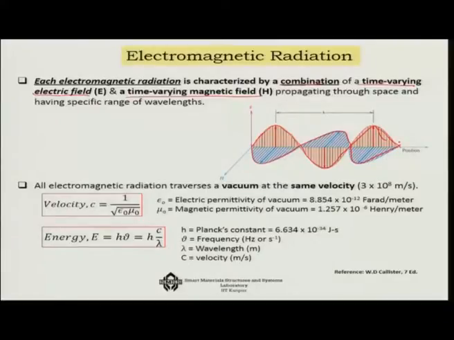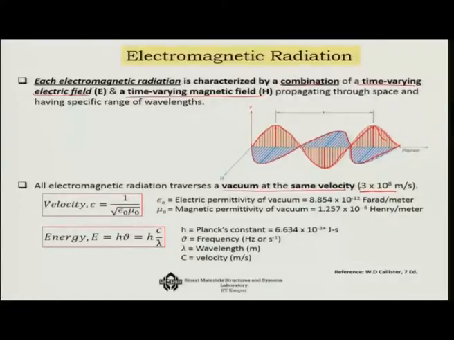That is why we say that for an electromagnetic wave, these two fields, the electric field and magnetic field, are always coexistent with each other, and the speed of the electromagnetic radiation in vacuum for both of them is close to 3 into 10 to the power 8 meter per second.